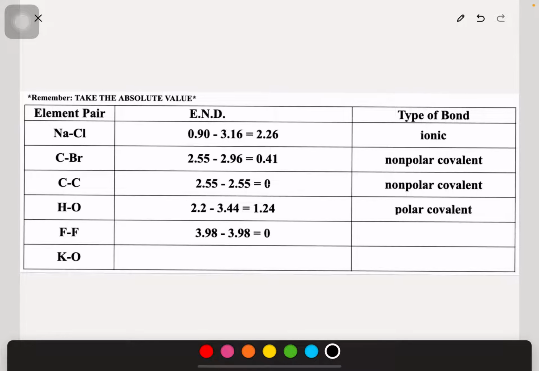Again, that's going to give us 0, which would make it nonpolar covalent. And last but not least, potassium and oxygen.